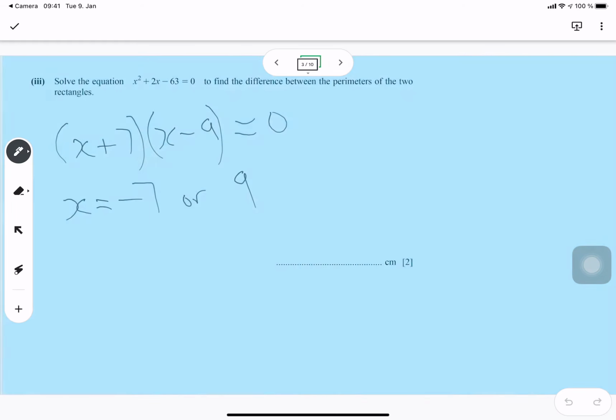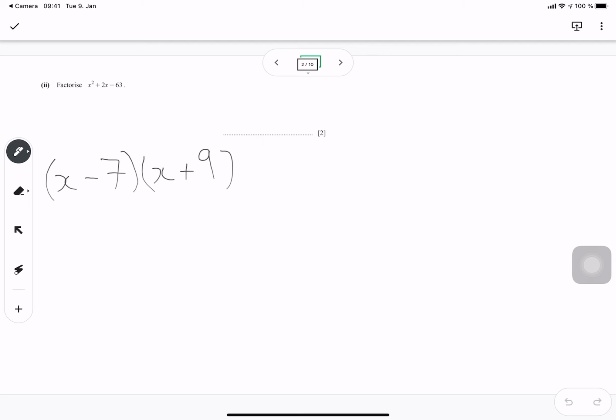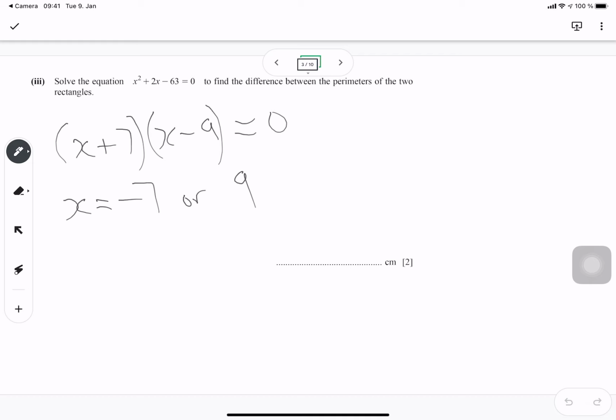Let me start again. Minus 7 plus 9. I made a mistake here. I've switched these round. Apologies about that. So minus 7 and that is plus 9. And what that means is the solution is going to be the other way around. So that one's going to be 7. It's going to be minus 9.